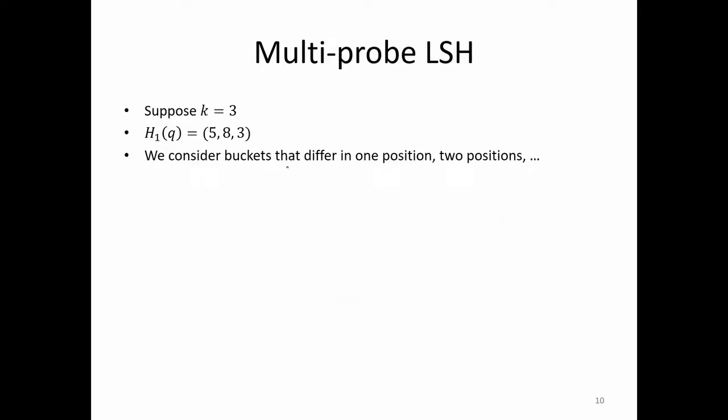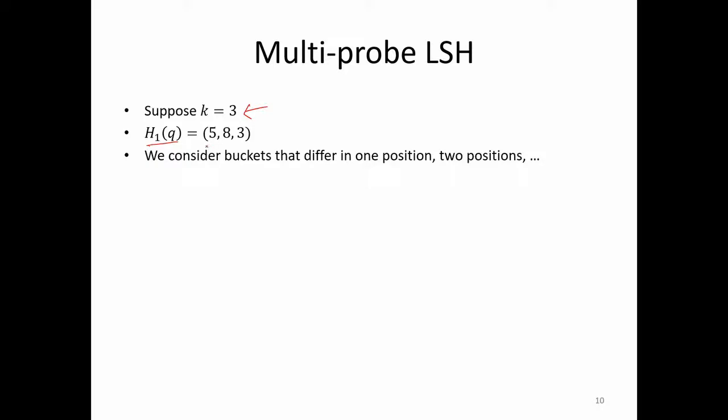Now just to illustrate the point, suppose you have chosen k equal to 3. Then this h1(q) gives the hash buckets of the first hash table for the query q.